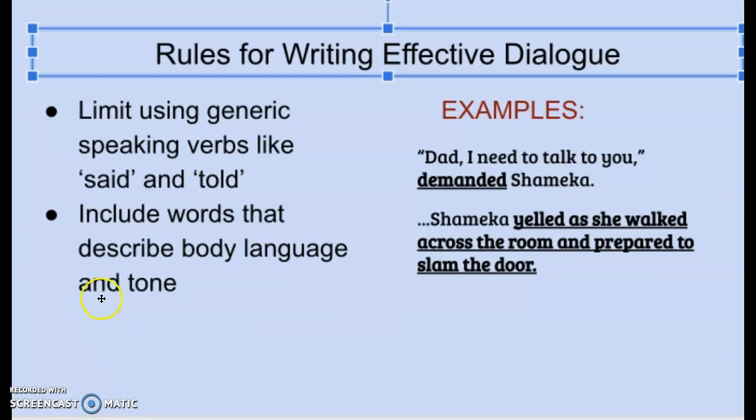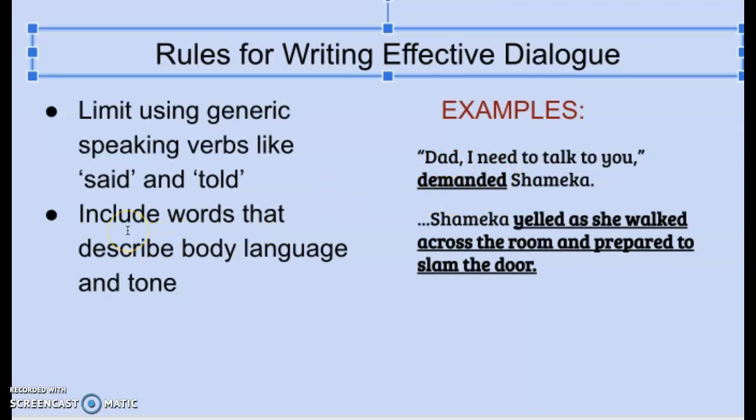There are rules for writing effective dialogue. One rule is to limit using generic speaking verbs like said and told. In the last passage, you read, "Dad, I need to talk to you. Demand it, Shamika." Demand it is a much stronger speaking verb than the word said.